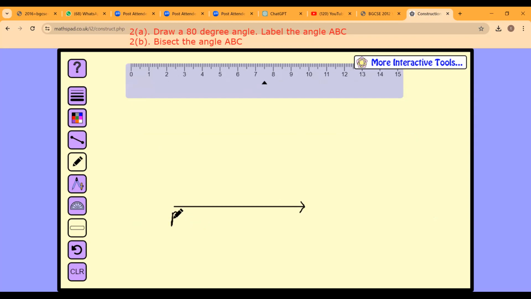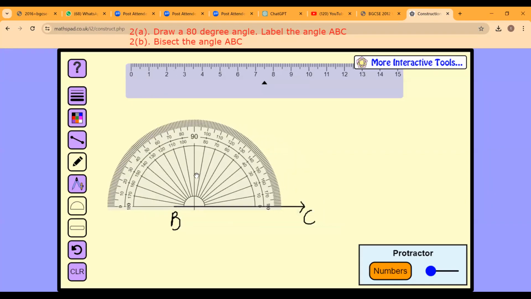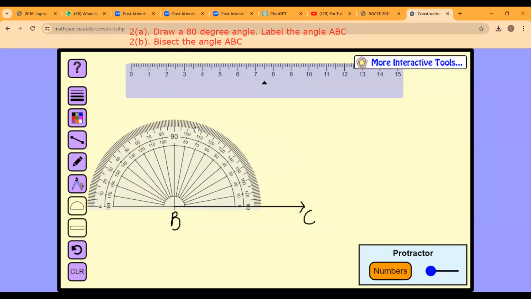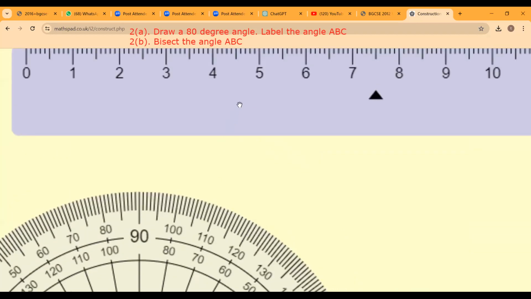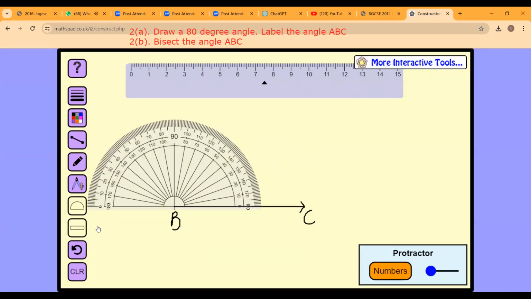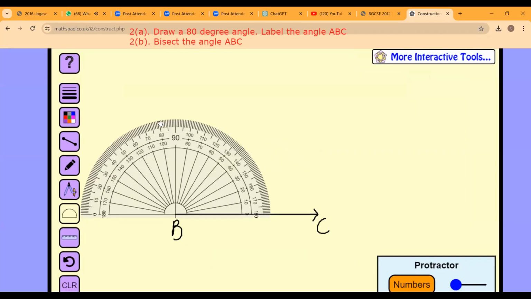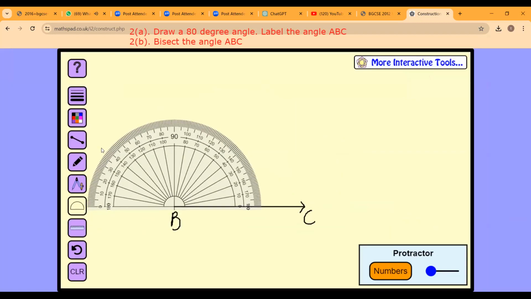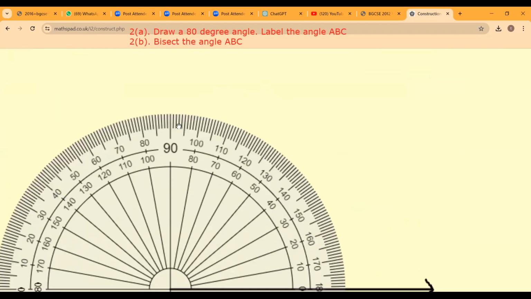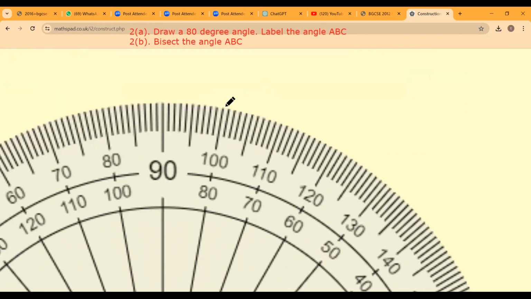So it's gonna be B. This is gonna be C. And then we're gonna use a protractor to measure out 80 degrees so that we can have an angle that measures 80 degrees. So let's go ahead. This is 80 degrees on the protractor. And why is this way? Oh, I see. Remove the ruler. I need 80 degrees. 80 degrees, where's my pencil? So it's gonna be 80 degrees.